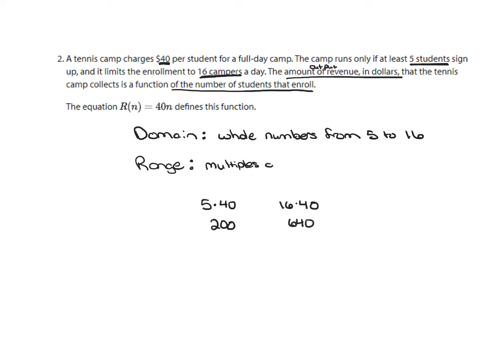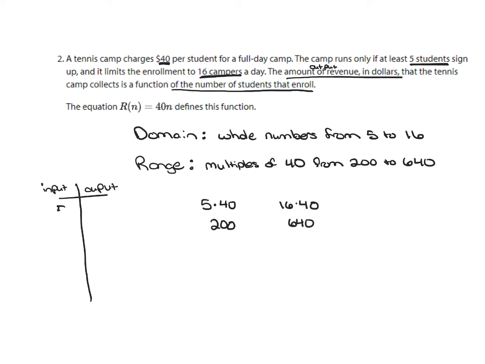So the range would be listed as multiples of 40, because the only numbers that are going to work are multiples of 40, from 200 to 640. Now, if you're finding this a little bit hard for the range, you can make a table of values. That sometimes helps.